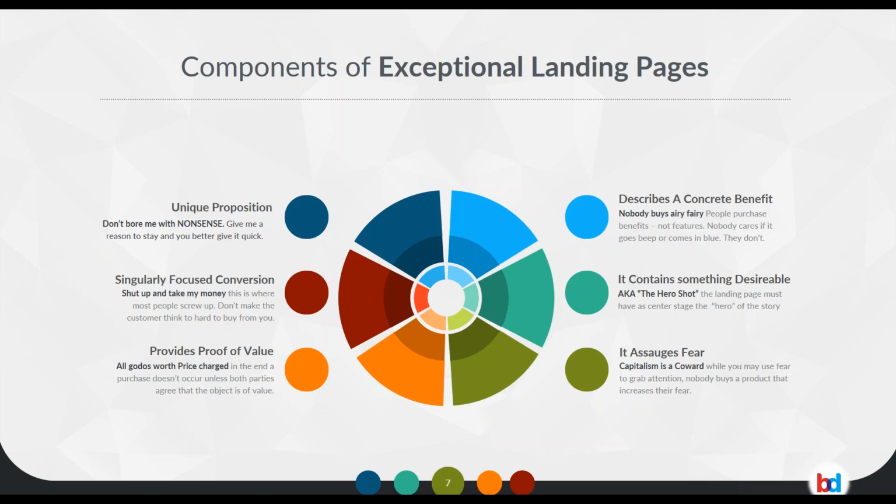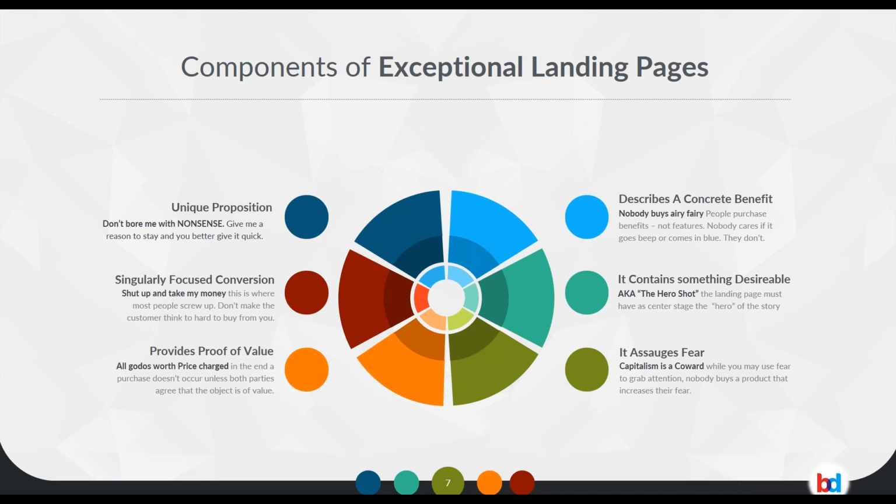It describes a concrete benefit. It contains something that's desirable. It assuages the fear of the purchase. It provides proof that there's value in the purchase. And it provides a singular focus point of conversion. Those are the elements of an exceptional landing page.